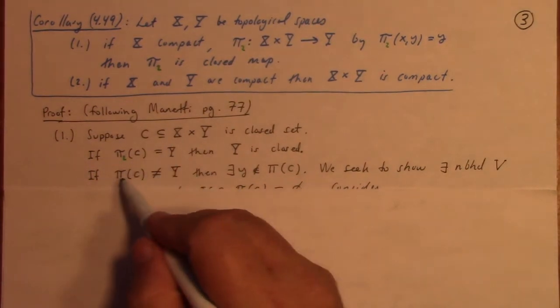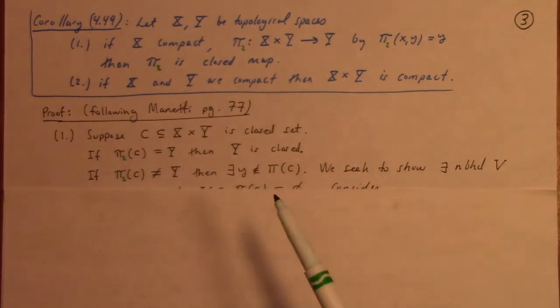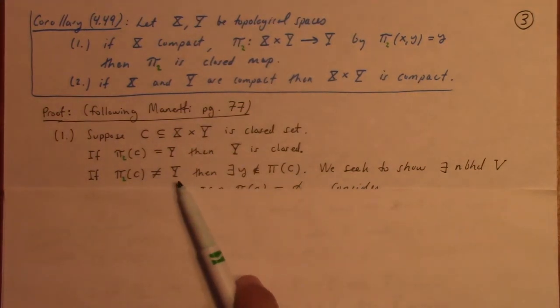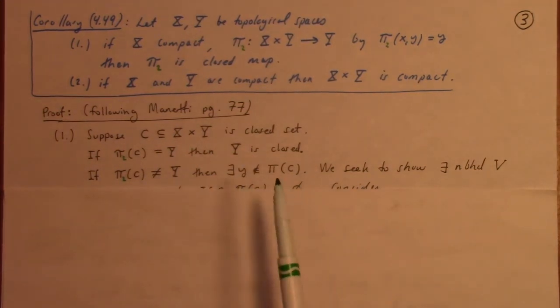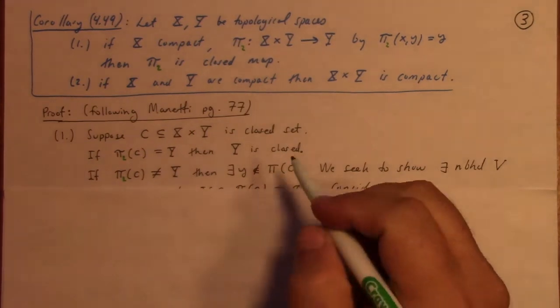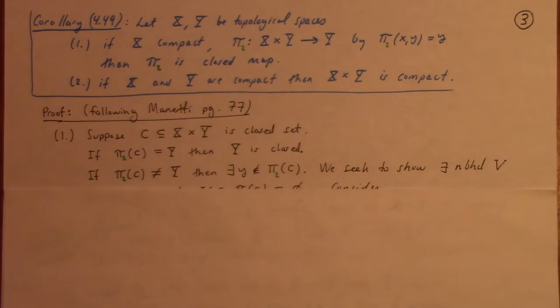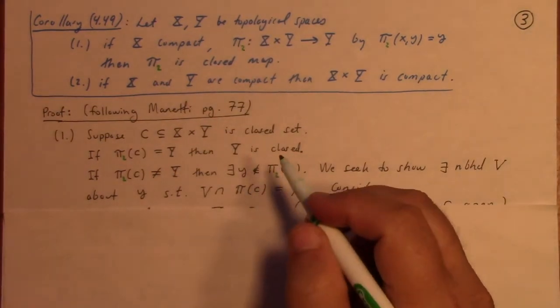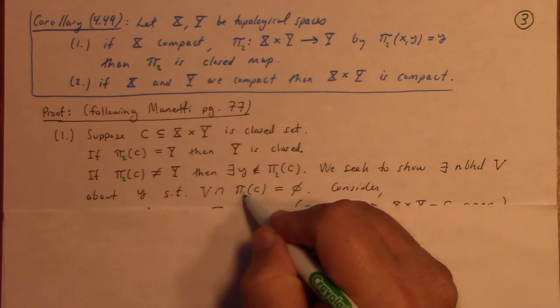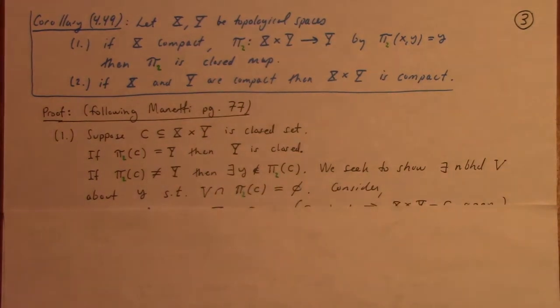The other possibility is that pi 2 of the closed set is not equal to Y. Then there exists a y which is not in the projection of C. And then we seek to show that there exists a neighborhood V about y such that V intersect the projection of C is empty.